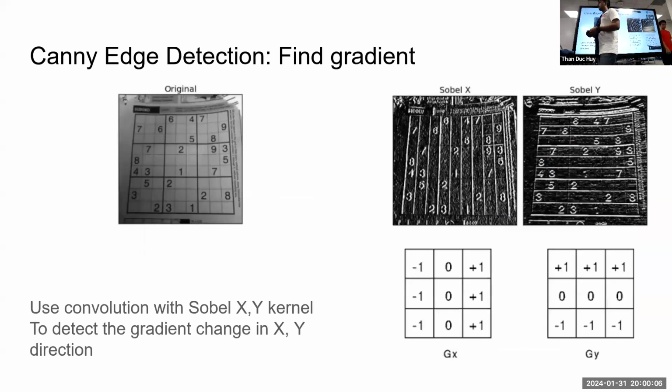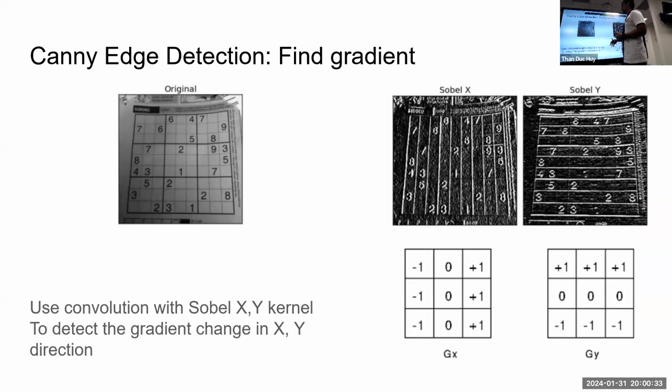As I was saying, convolution is commonly used to detect specific features in the image. One of the first applications of convolution is to detect horizontal and vertical features. That's what is represented by the kernels here. These are specially designed kernels to detect vertical features in this case and horizontal features in this case. As you can see here, this is an example of a Sudoku image.